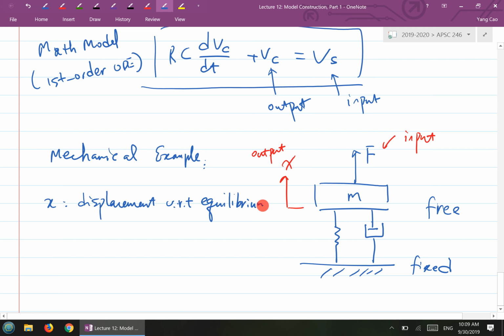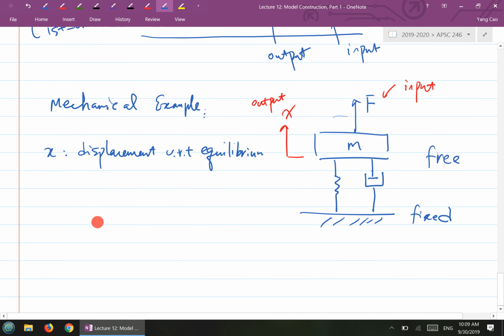So the next question is, how can we get a solution for the motion of this object M based on this kind of loading condition? What you do is isolate this object M here.